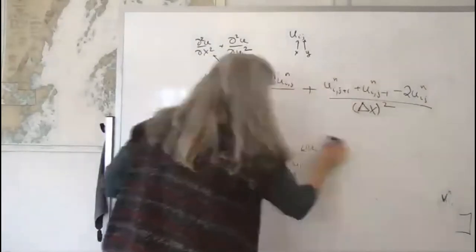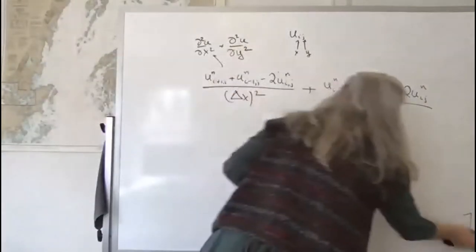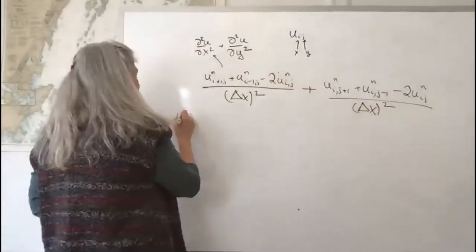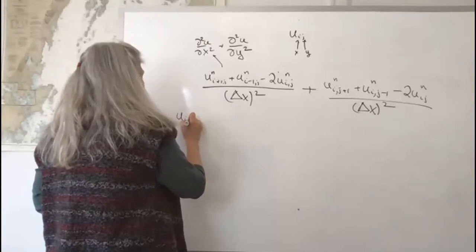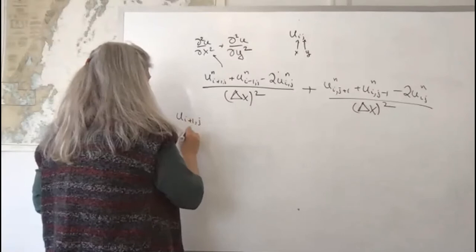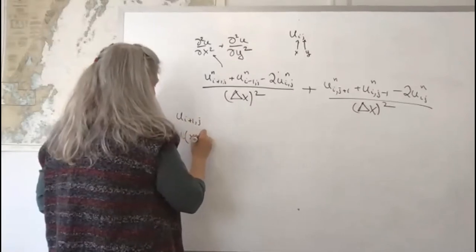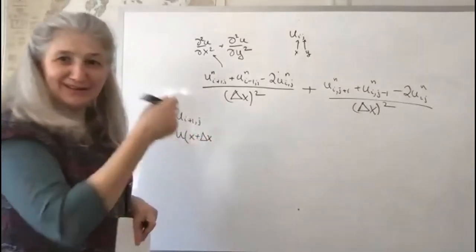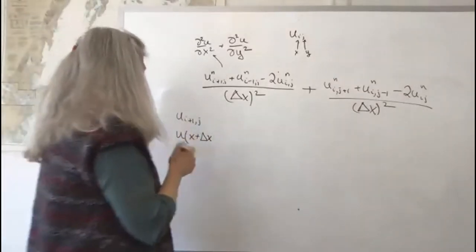So let's check. I'm just going to check one half of it. So u of i plus 1, j. So this is u at x plus delta x, where x is the value at the i position.